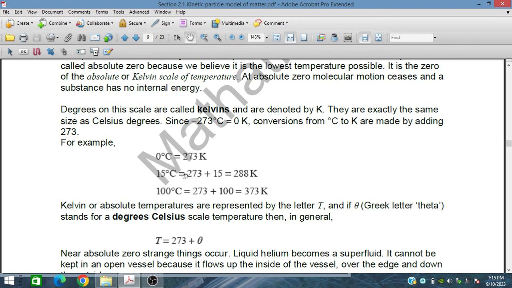So 15 Celsius is equal to 273 plus 15, which is 288 Kelvin. Similarly, 100 degrees Celsius is equal to 373 Kelvin. So to find the Kelvin temperature from Celsius: T equals 273 plus theta, where theta is the Celsius temperature and capital T is the Kelvin temperature. This is a generic equation.